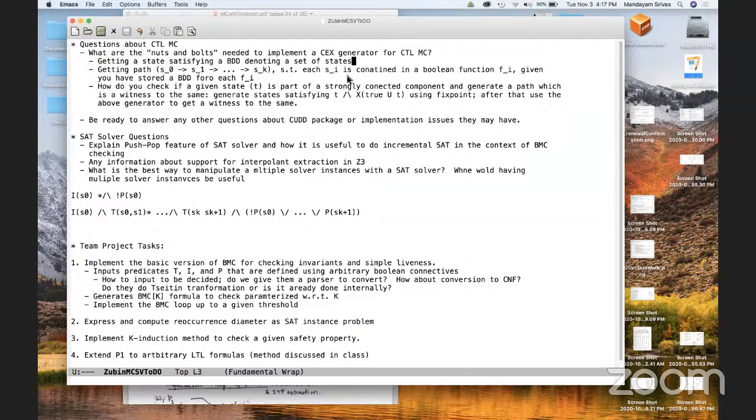Because you know that EF of not P will hold, if you save all the BDDs during that, you can extract a path from the saved BDDs while verifying EF of not P.